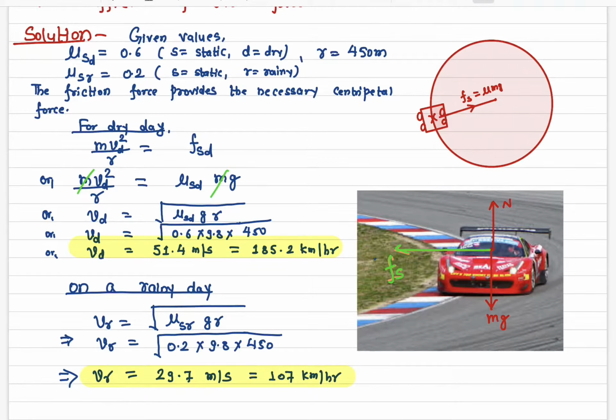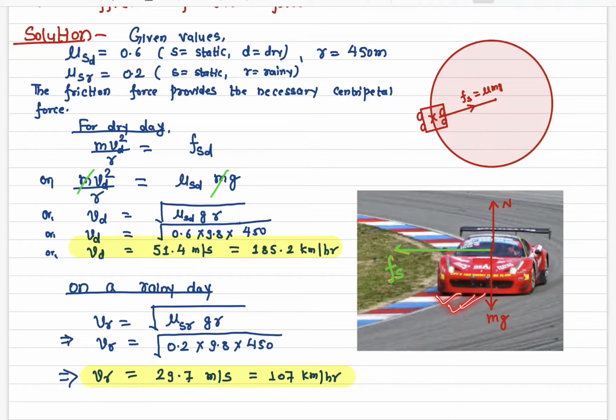If it is a frictionless surface, there is no friction at all, then the car cannot move into the circle at all. When you try to move into the circle, it will skid away because there is no friction.